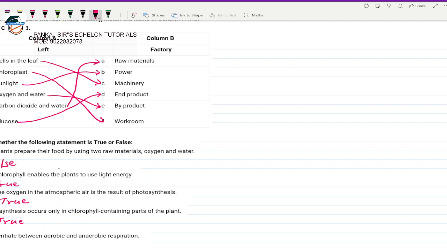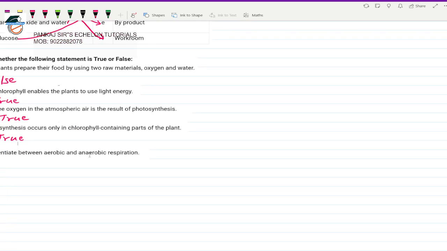And now let us come to the next question, that is: differentiate between aerobic and anaerobic respiration. Now here, I have already discussed in my concept video in detail what is aerobic and what is anaerobic respiration. And in this particular question, you have to just give some 3-4 points to differentiate between the two.